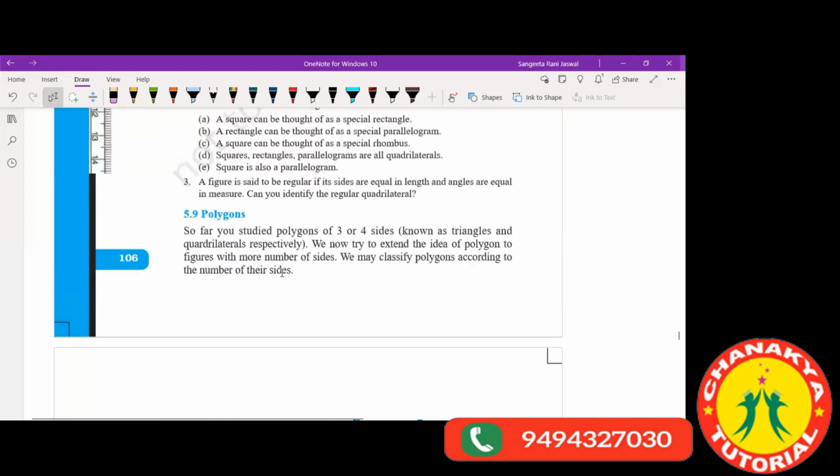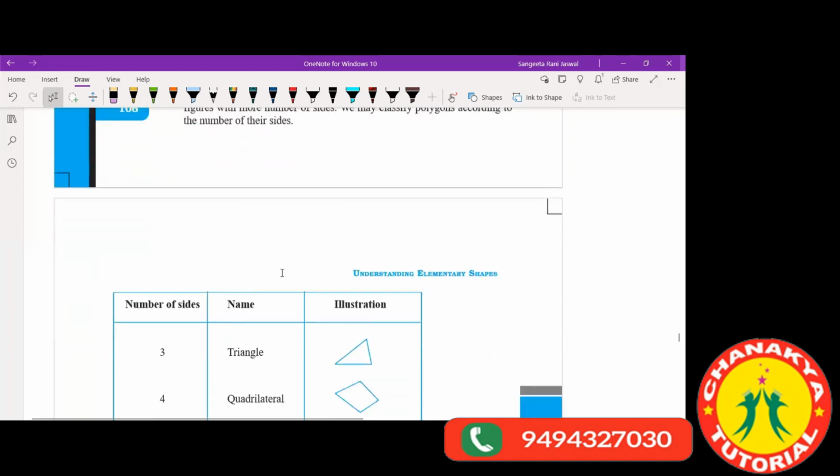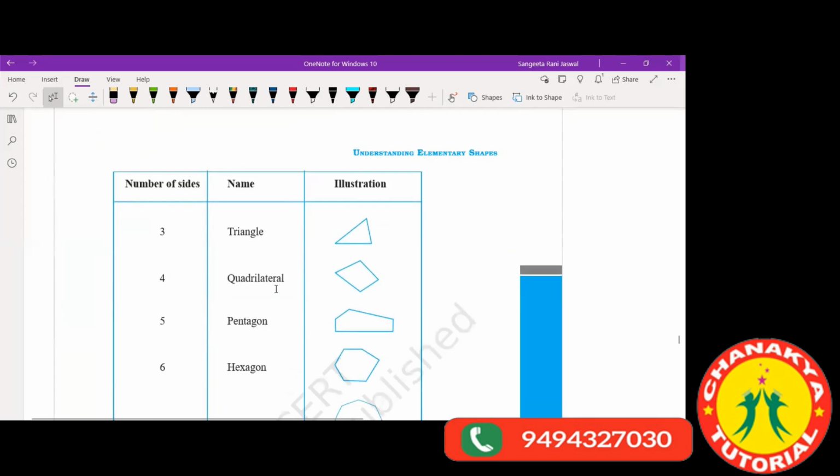Then in this chapter, we also studied polygons. We studied some properties of quadrilaterals, parallelograms and trapezium. Ma'am, actually, I don't have a protractor. Never mind, beta, you can do it afterwards.